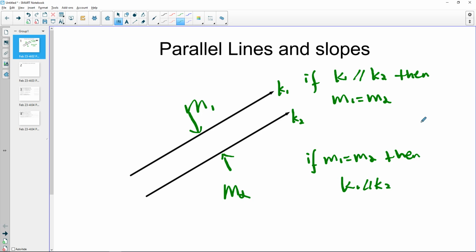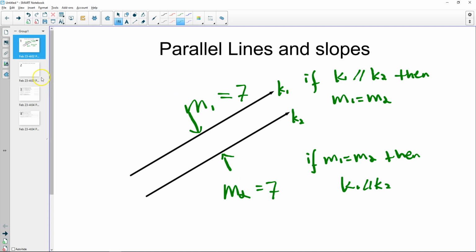But as far as this chapter is concerned, we need to know that if two lines are parallel, they are going to have the same slope. If M1 is equal to 7, then M2 has to be equal to 7 as well. So parallel lines and slopes are very simple in that the checking itself is not too difficult.